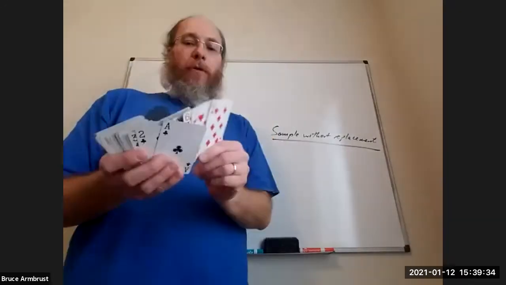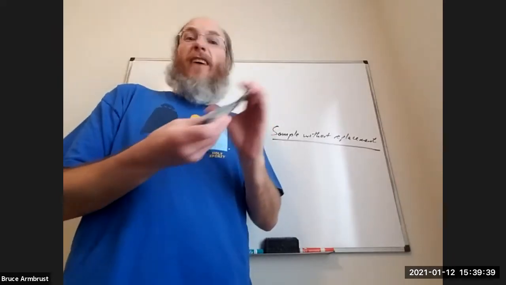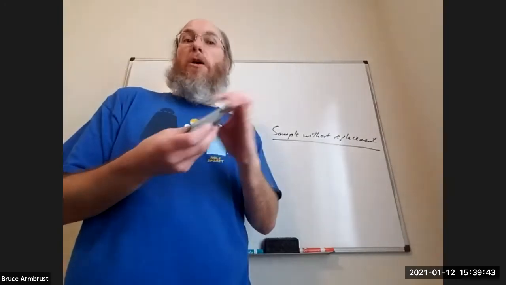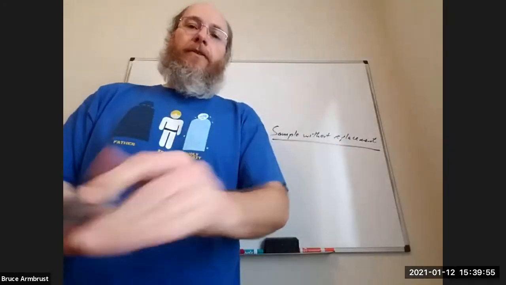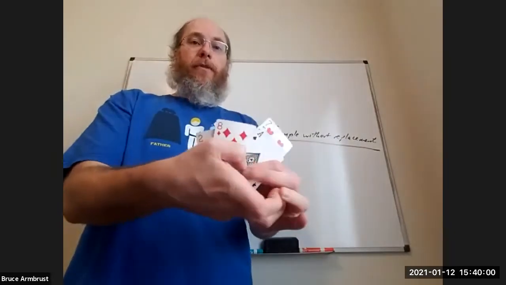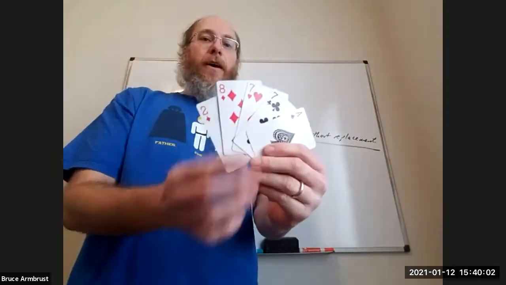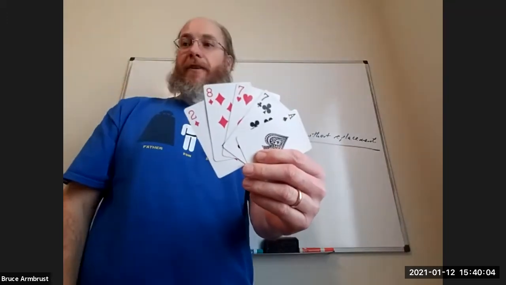If I put them back in, so we're back to our population, I could draw another set of 5. We'll shuffle it up to be good about it. I'll take another sample of 5: 1, 2, 3, 4, and 5. So here's another sample. It's a different sample, in fact a very different sample, but not entirely different.